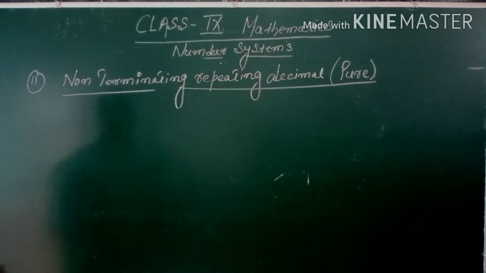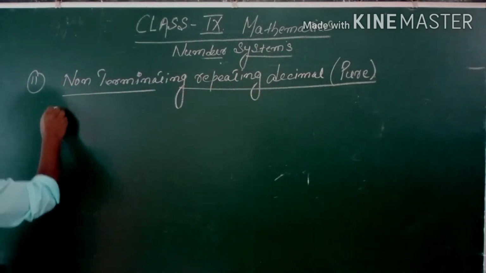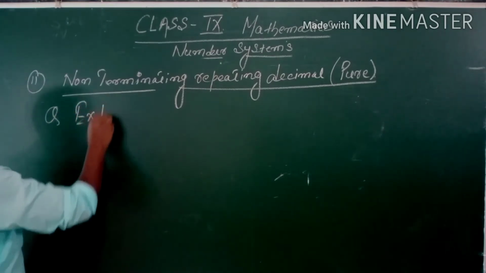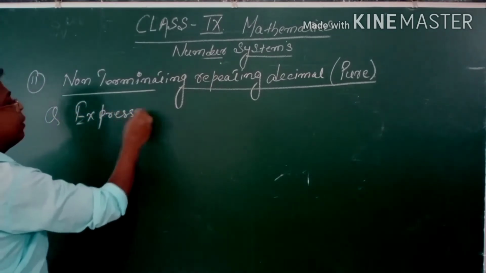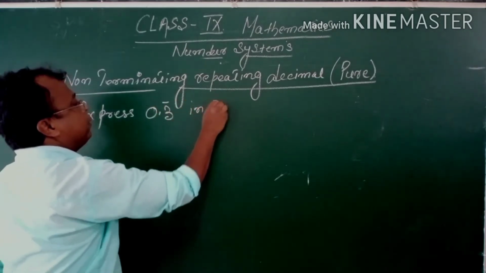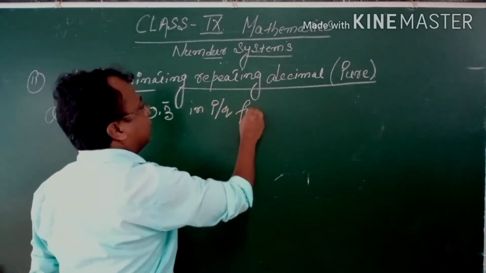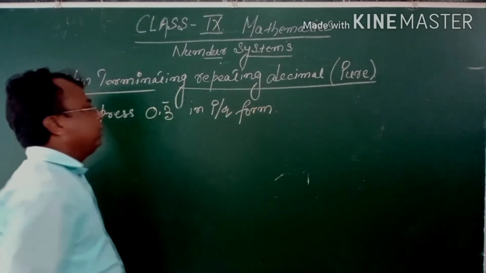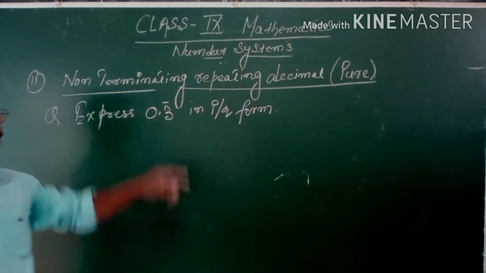Now, suppose the question is like this: express 0.3 bar in p by q form. Okay. Now 0.3 bar.